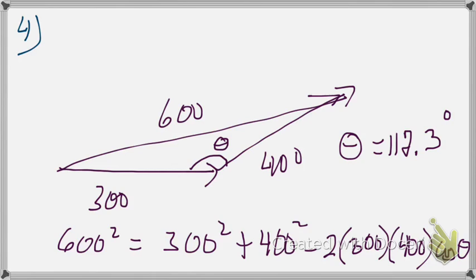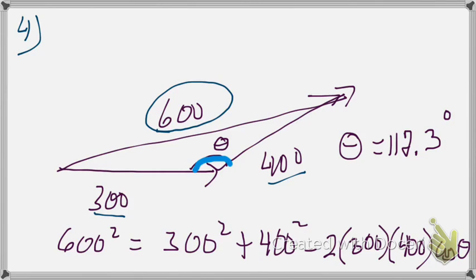And what it is, two vectors. One has a magnitude of 300 newtons, the other has a magnitude of 400 newtons, and the resultant vector has a magnitude of 600. And what we want is this angle between the two vectors.